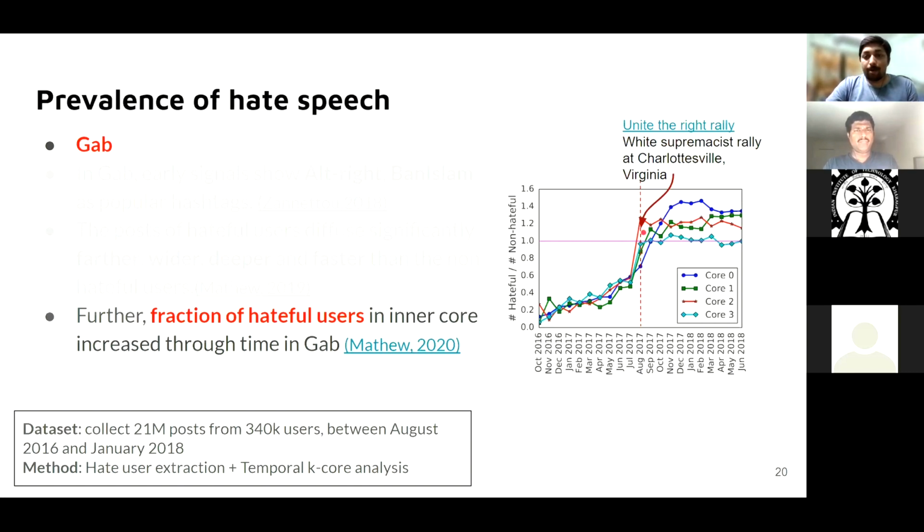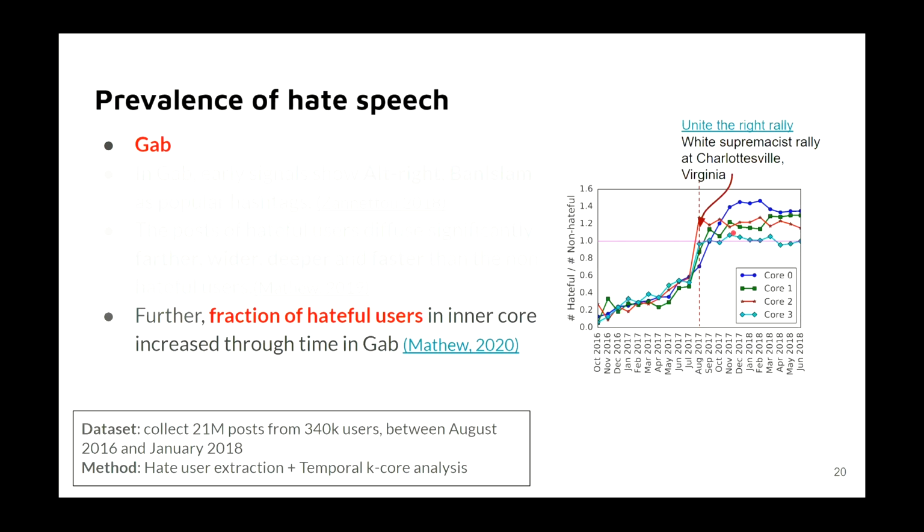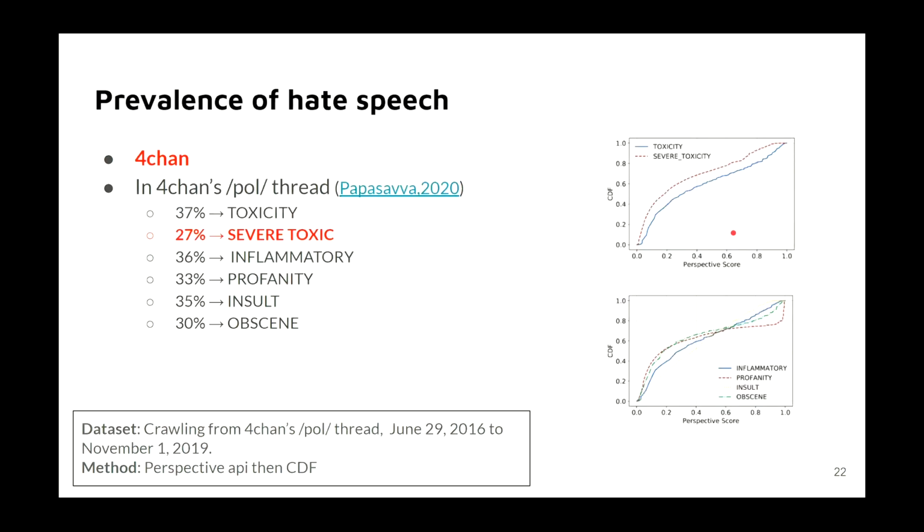One of the typical points where this got a major jump was the Unite the Right rally. Similarly, other platforms are studied in the same light, and in 4chan also, there are around 27% severe toxic messages, which is really a concerning factor.